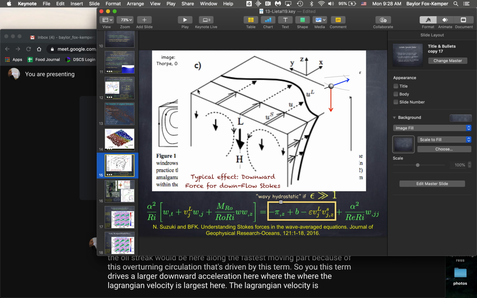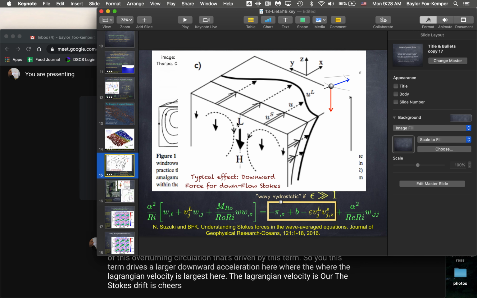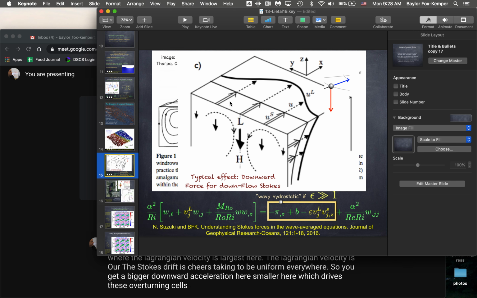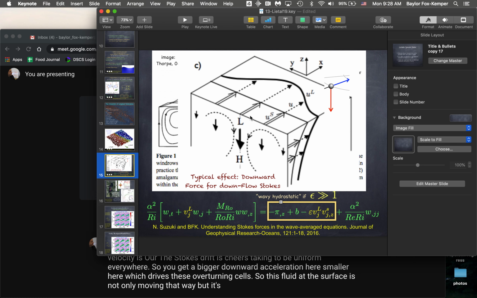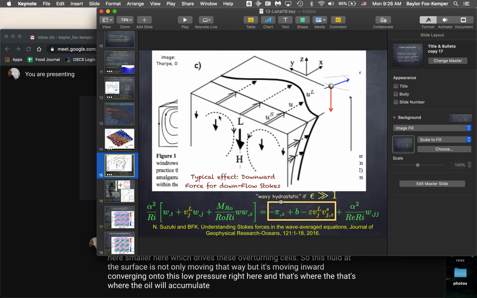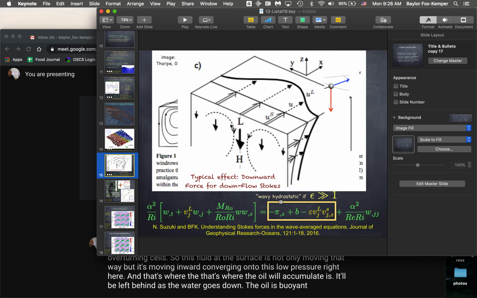The Stokes drift shear is taken to be uniform everywhere. So you get a bigger downward acceleration here, smaller here, which drives these overturning cells. So this fluid at the surface is not only moving that way, but it's moving inward, converging onto this low pressure right here, and that's where the oil will accumulate. It'll be left behind as the water goes down. The oil is buoyant, so it would accumulate along this line.